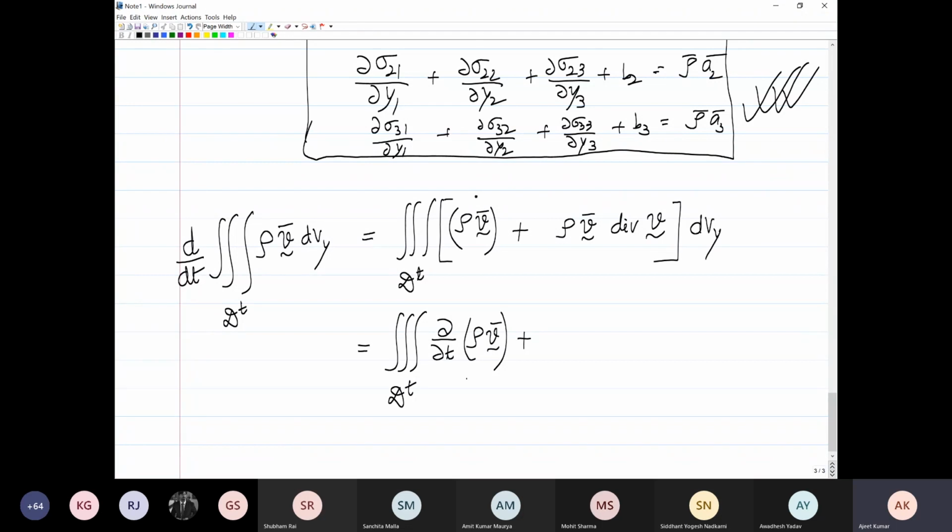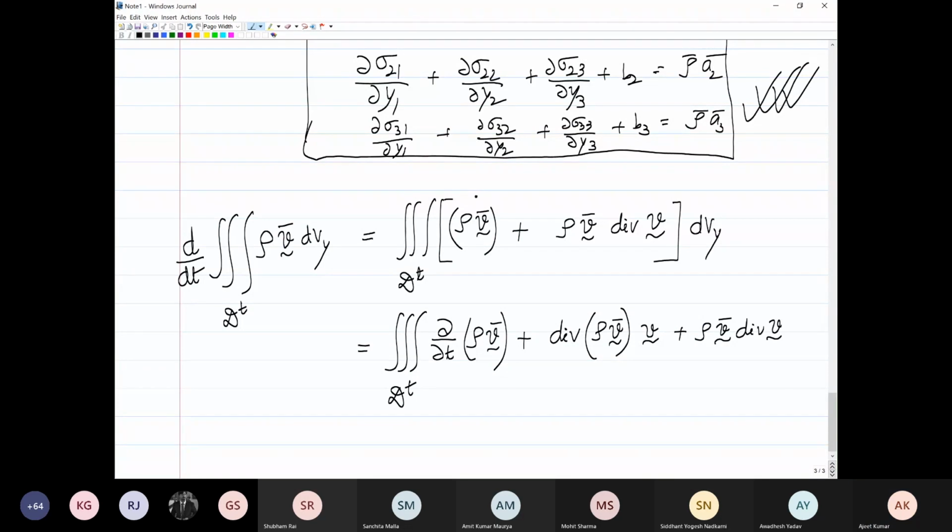This del over del t is like the Eulerian time derivative, keeping y fixed, and so you will have divergence of rho v, which is actually a second order tensor, multiplied by the velocity itself. As you have already seen, for any tensor, this is how you can relate the Lagrangian time derivative to the Eulerian time derivative. And then you have this extra term, rho v divergence of velocity.